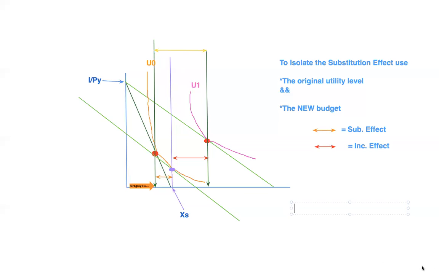Now I just want to talk a little bit about what we mean by the substitution and income effect. And this is a little subtle. There's some nuance to it. But the substitution effect, what is it?